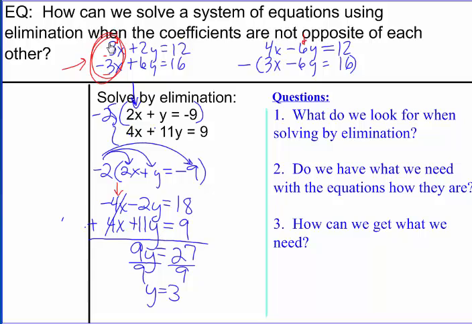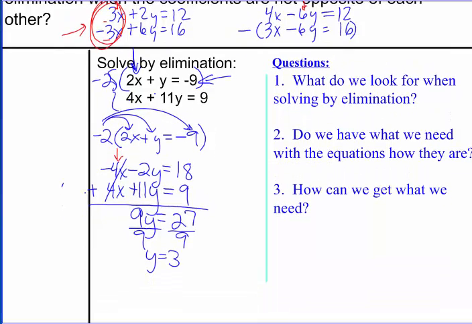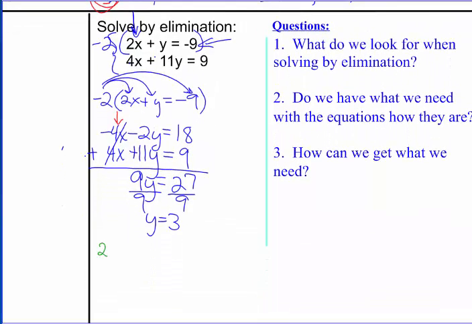So once you get one of the equations or both of the equations so that you have the opposite coefficient for one of your variables, the rest of the process is exactly what we did in the last lesson. So then we've got y. We need to go back and find x. So pick one of the original equations. So I'm going to go ahead and use this first equation, but I have to use the original. So that's 2x plus y equals negative 9.